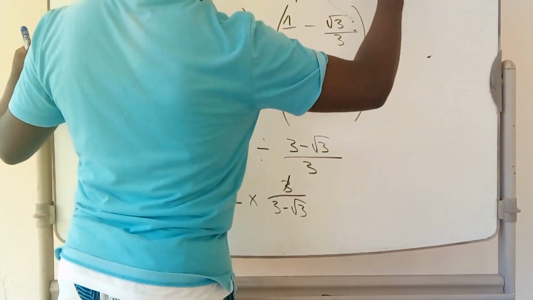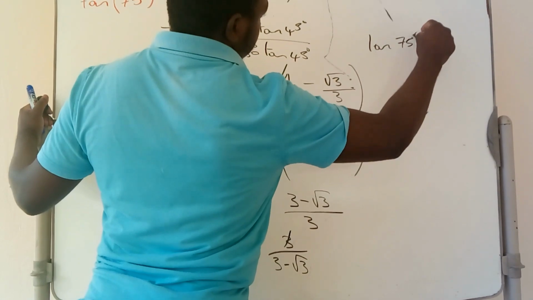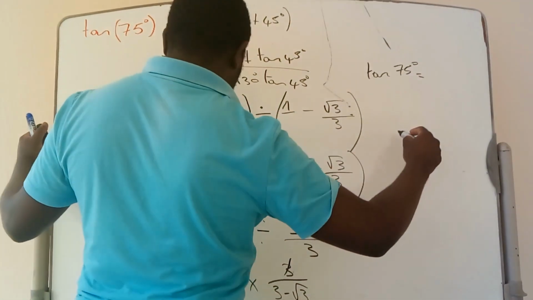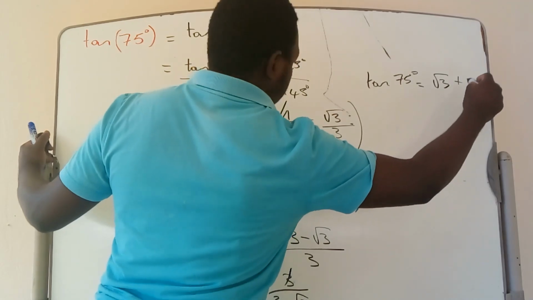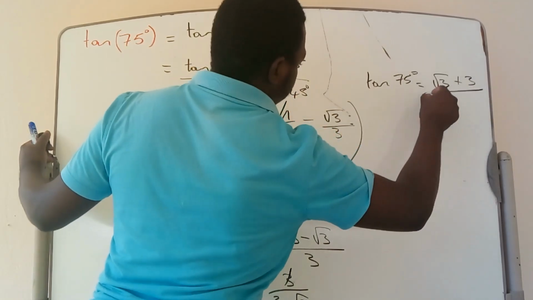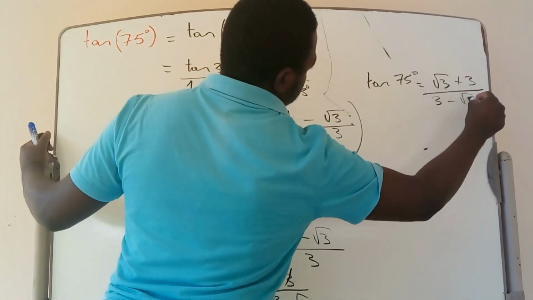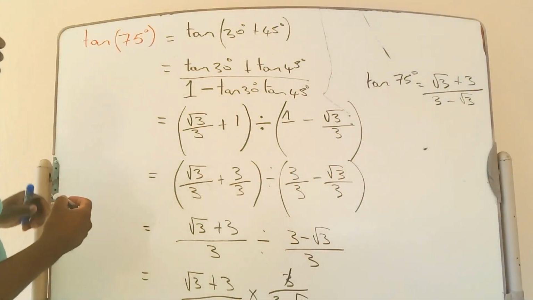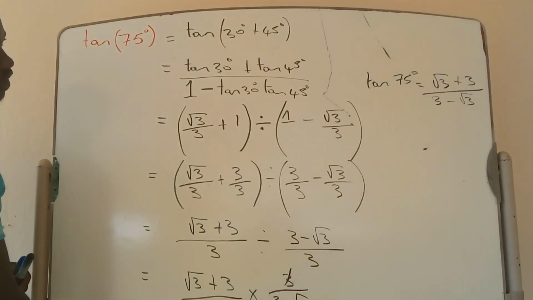So final answer, tan 75 degrees is therefore equal to root 3 plus 3, all of that divided by 3 minus root of 3. That's it. Beautiful, right? Let's look at one more example.